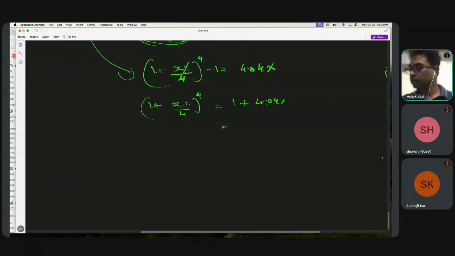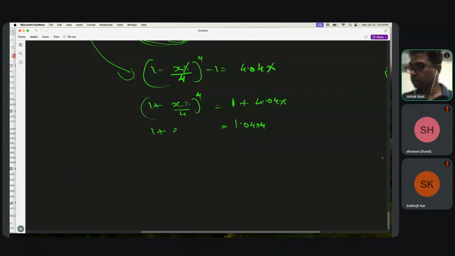Now you calculate this. Don't think this is 5.04 percentage. This is 1 and this is 4.04 percentage. So take your calculator and calculate this. 1.0404, correct? Yes.